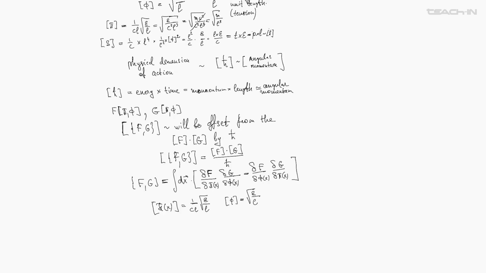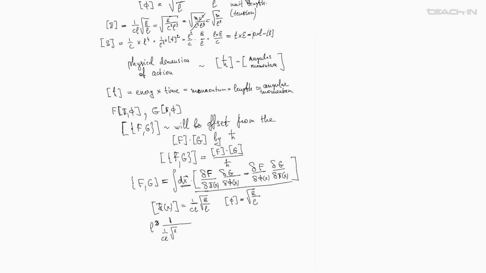Here, in order to compute the physical dimension of the right-hand side, you see that you have three integrations, so it will give you L cubed, and then in the denominator you have pi and phi. So let's try first to see how it will work. I will get 1 over CL square root of energy divided by length, and then square root of energy divided by length.